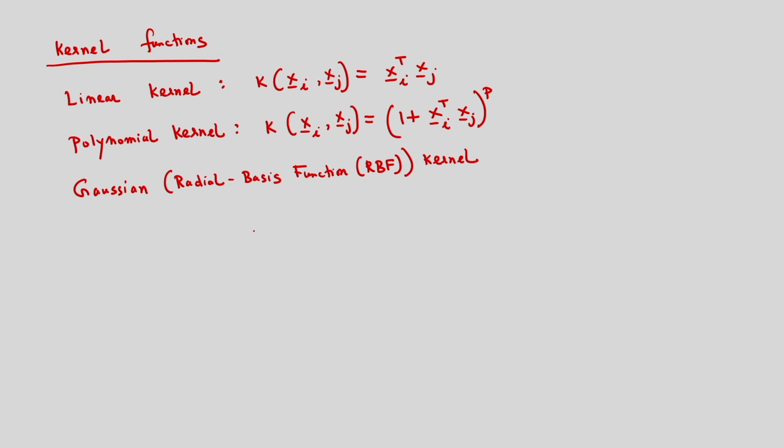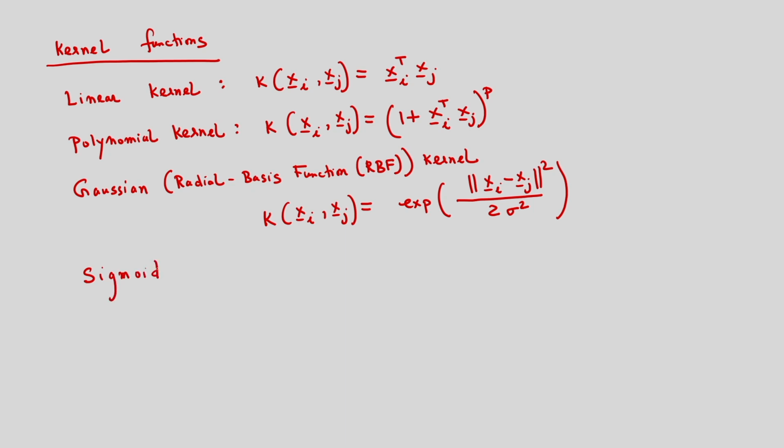The expression for k(xi, xj) is equal to exponential of minus the norm of xi minus xj, squared, over 2 sigma square. So this is the popular one, the Gaussian kernel. And maybe also we can consider the sigmoid kernel. So these are some examples of kernel functions.